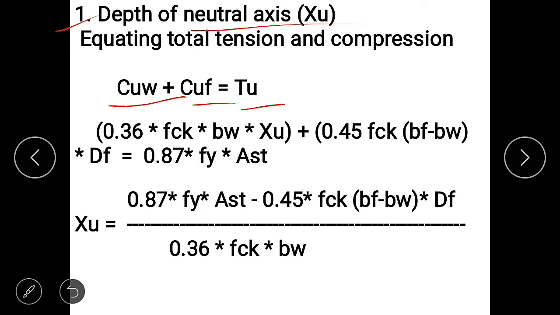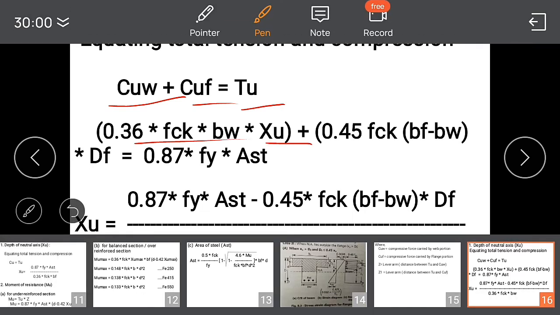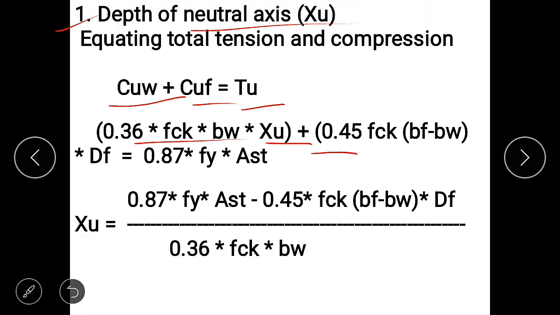So Cuw is 0.36 fck into bw, the width of web, into xu, plus 0.45 fck into (bf minus bw) into Df, which equals 0.87 fy into Ast. So we have to calculate xu here.